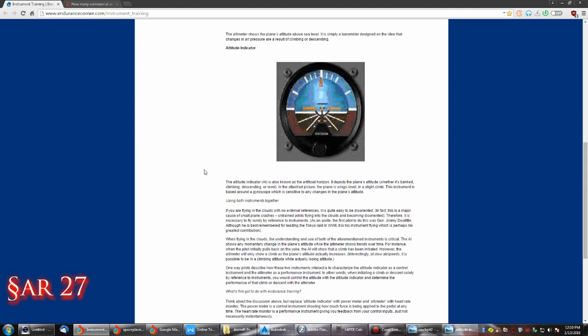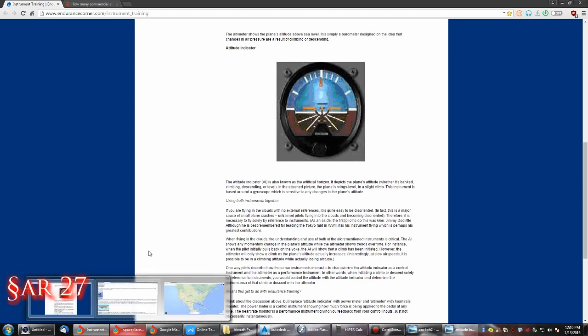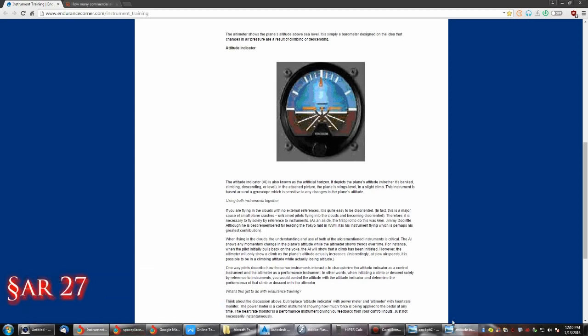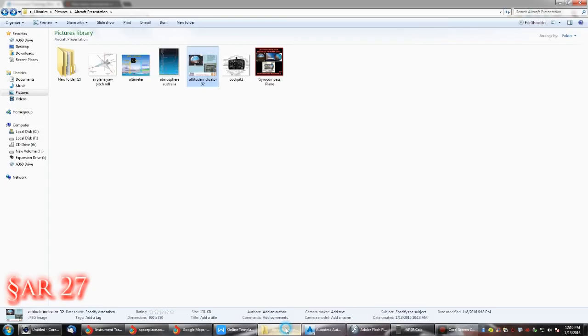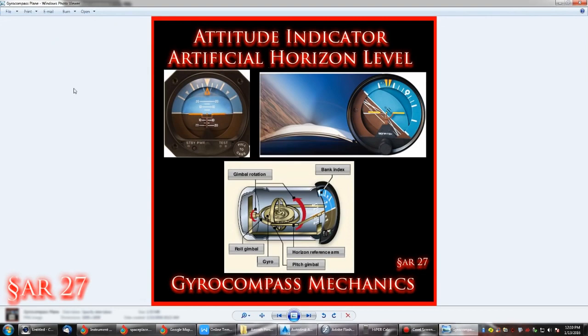And I made a diagram to make it a little bit clearer, because with all the diagrams and everything that I'm showing, it's kind of hard to keep up on all of it at the same time, so I just made one simple one that would have all these in there. Now the attitude indicator is the artificial horizon level.